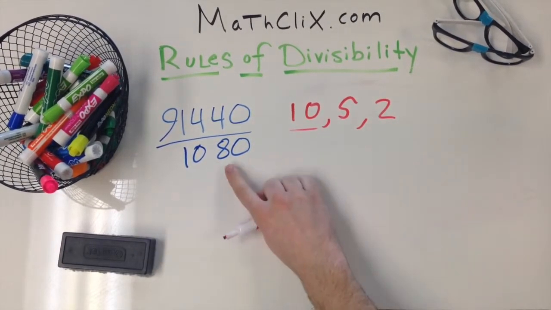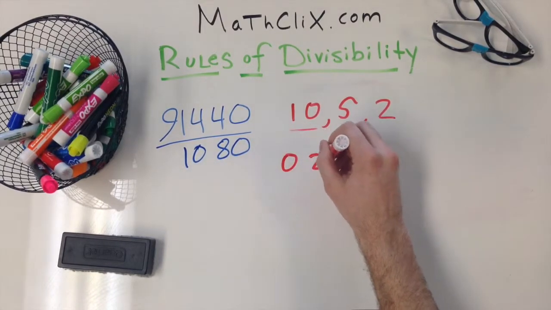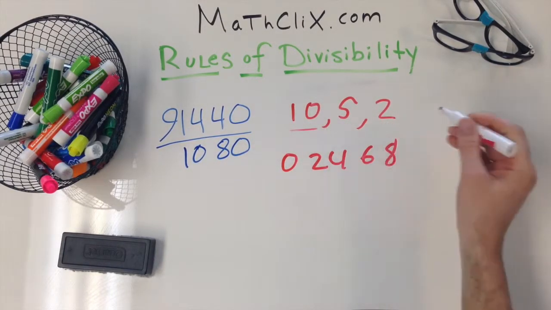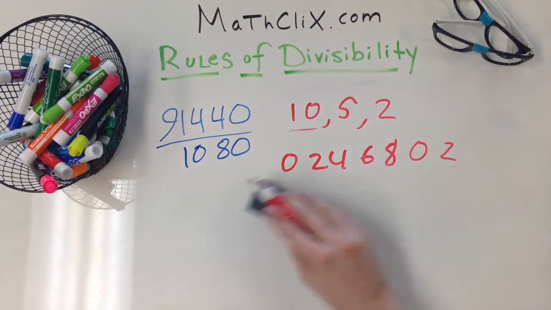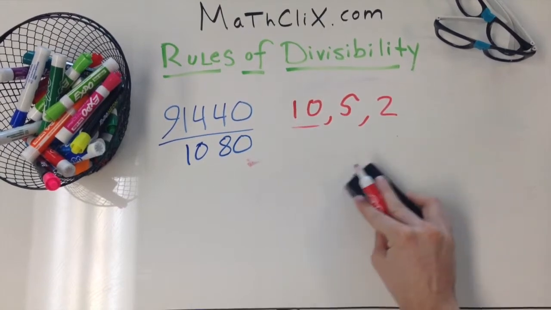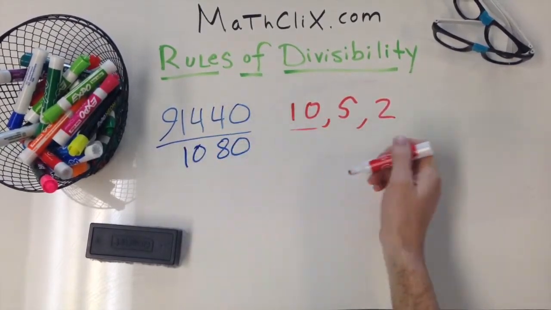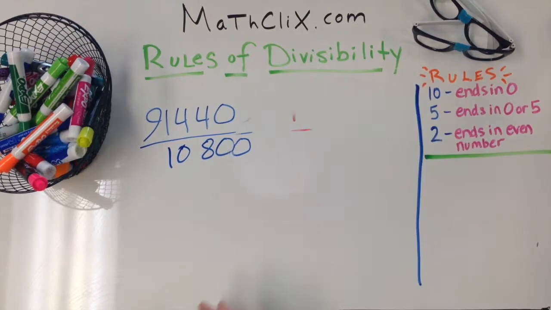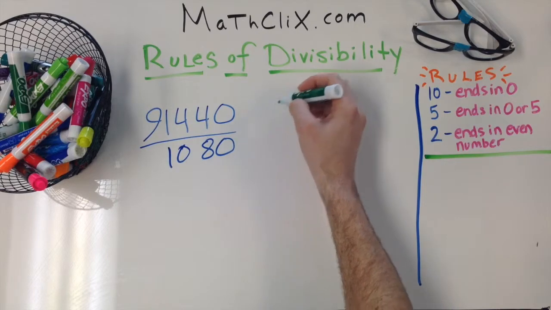Well, any number that is even, meaning it ends in a number of 0, 2, 4, 6, 8, it also is divisible by 2. So right off the bat, we know both of our numbers are divisible by 10, 5, and 2. Oh, there they are.